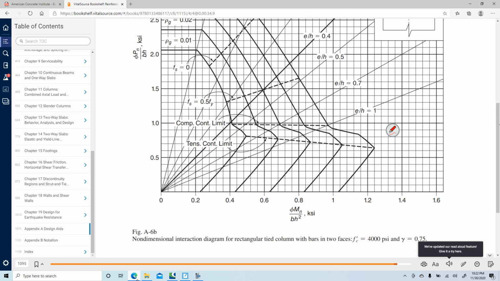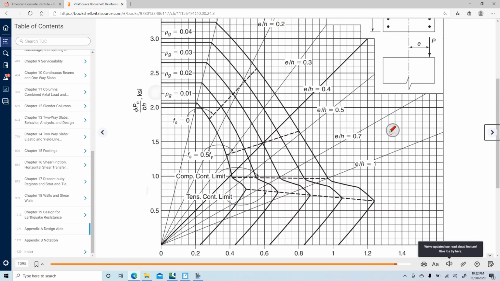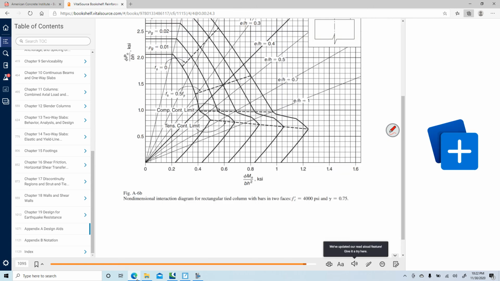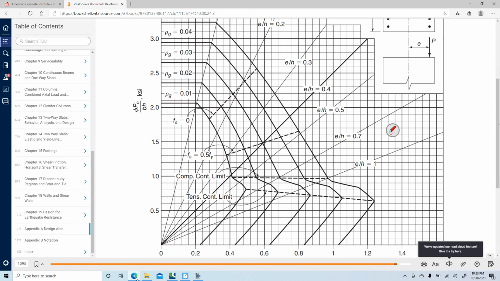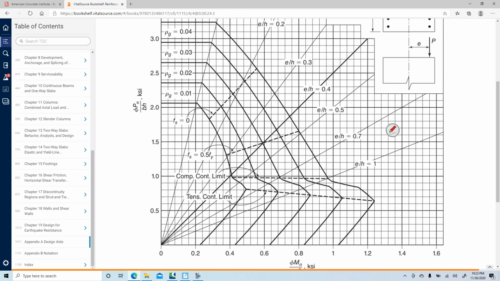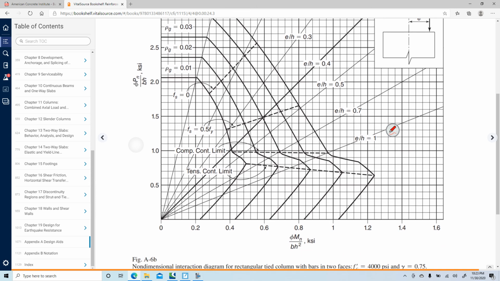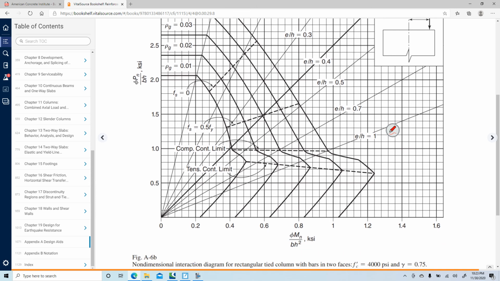So let's see. I wonder if I can make that smaller. Nope. Well, we'll figure it out.